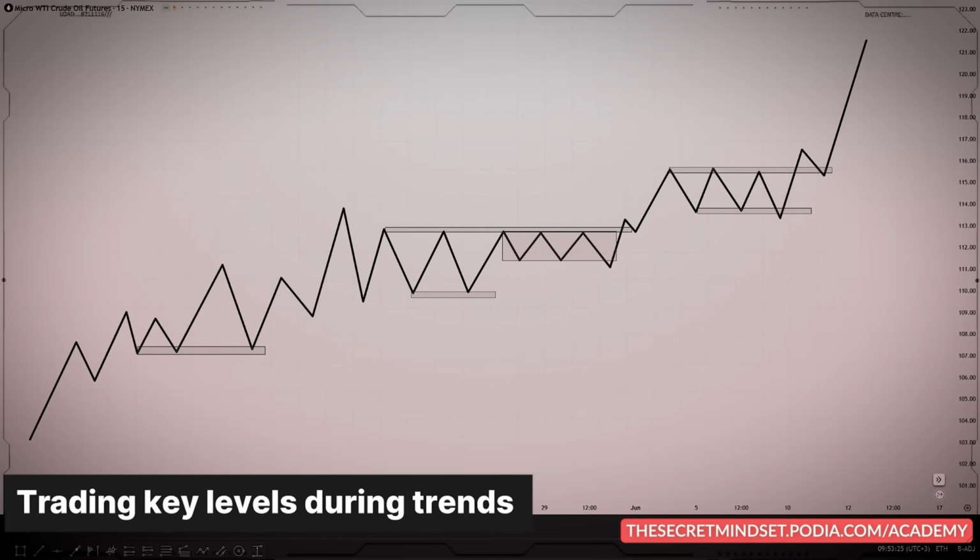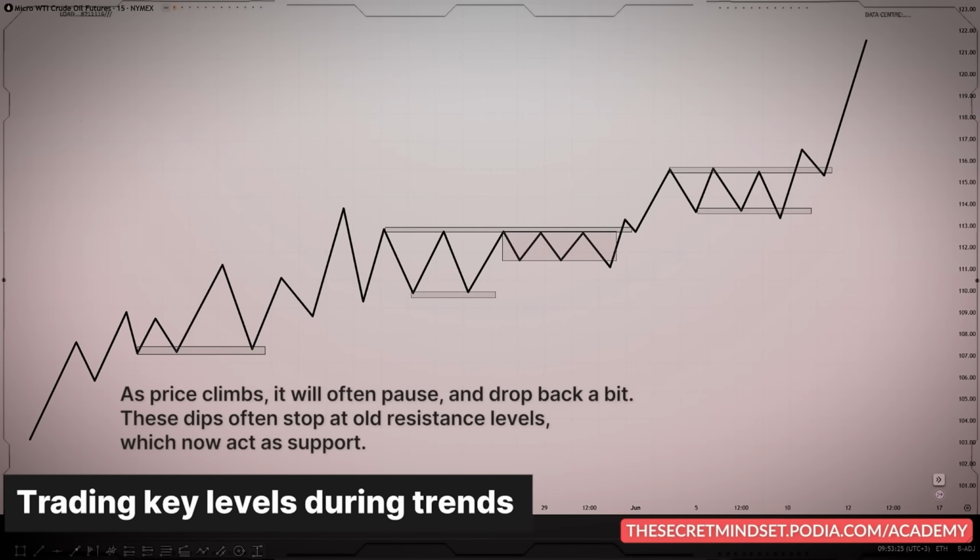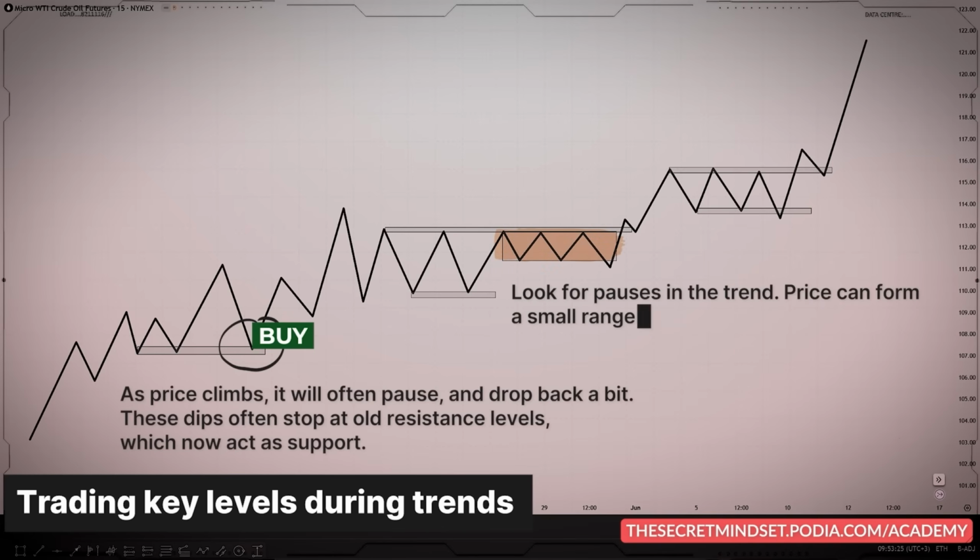Here's how to use these levels in a strong uptrend. As price climbs, it will often pause and drop back a bit. These dips often stop at old resistance levels, which now act as support. Sometimes price will move sideways for a while. This is like a pause in the trend. It can form a small range near a support or resistance level.